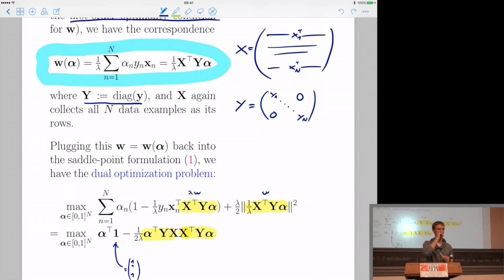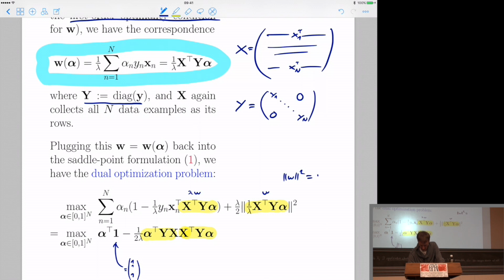Sorry, which term? The regularization term. That's this one here, right? It's the yellow stuff squared. So this is the W squared norm, the norm of W squared.